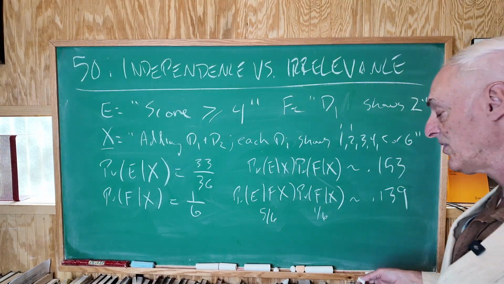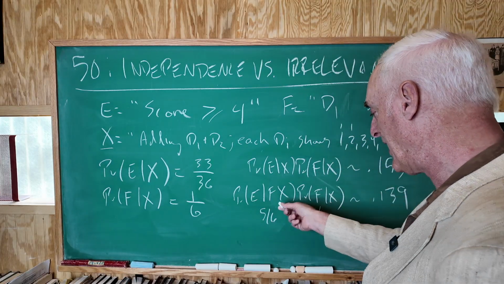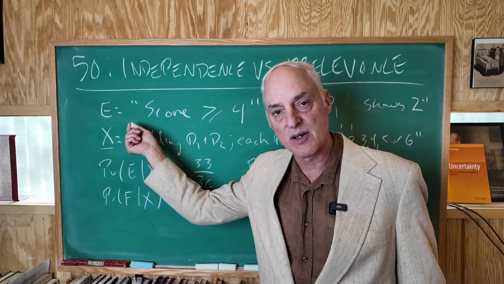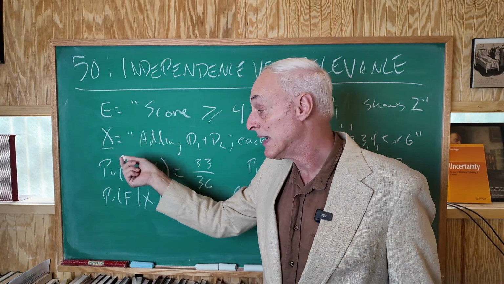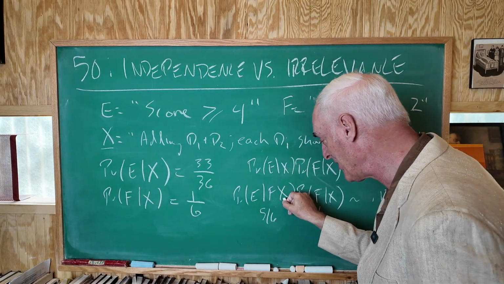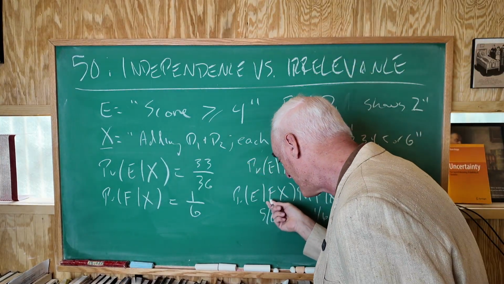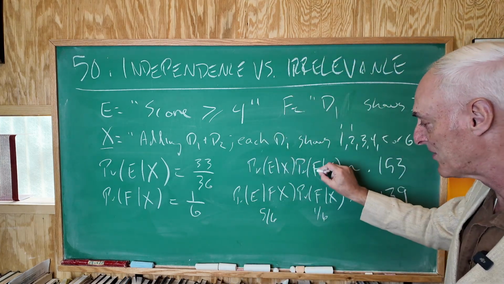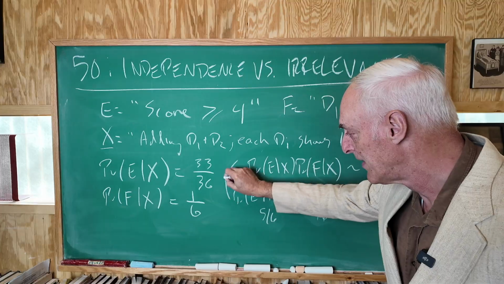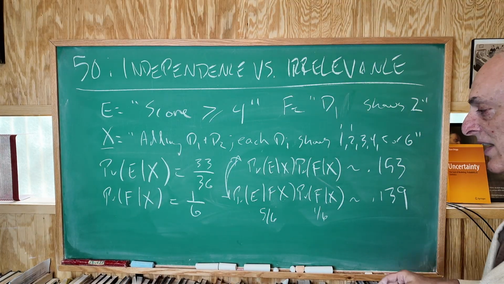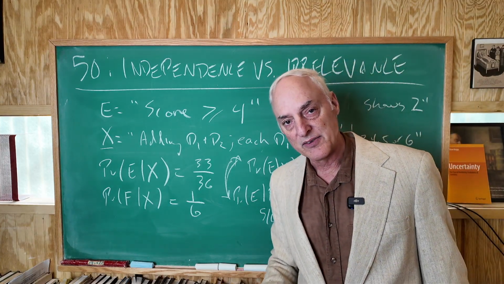So it turns out that knowledge of F is relevant to the knowledge of E, given X. Assuming we know X, knowledge of F is relevant to knowing the score, because these two probabilities are not equal. Therefore F is relevant to knowledge of E.